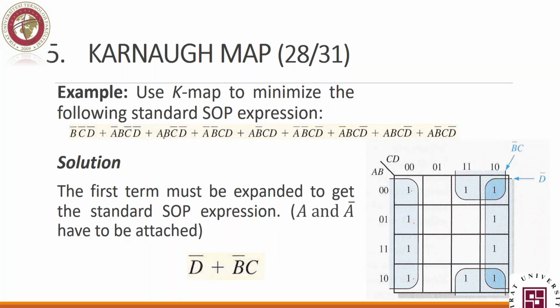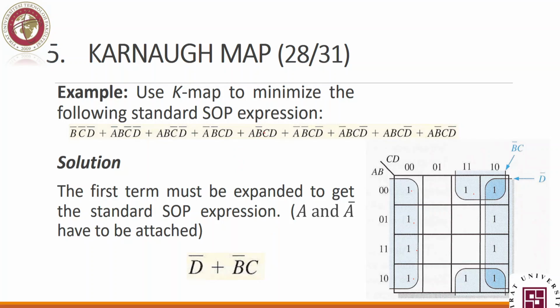Then we have A B C bar D bar, this one. Then we have A bar B bar C D, 0, 0, C D, 1, 1 here.